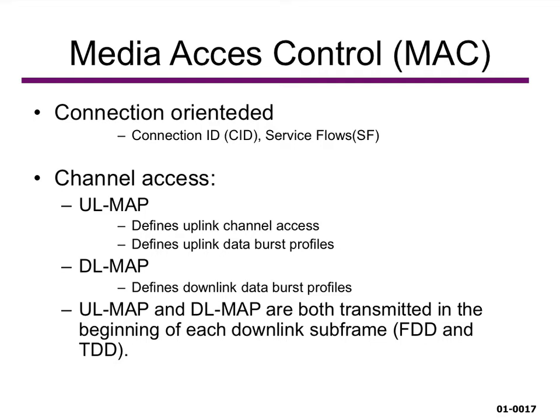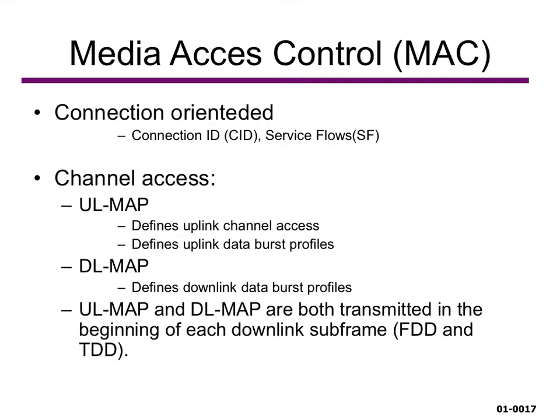And of course, these downlink and uplink maps are where all the intelligence can come to provide service differentiation and guarantee quality of service and so on. Because then the base station, based on providing certain quality of service guarantees, can assign different time slots to different nodes as needed. In which case I can provide some priority, some service differentiation, and so on.